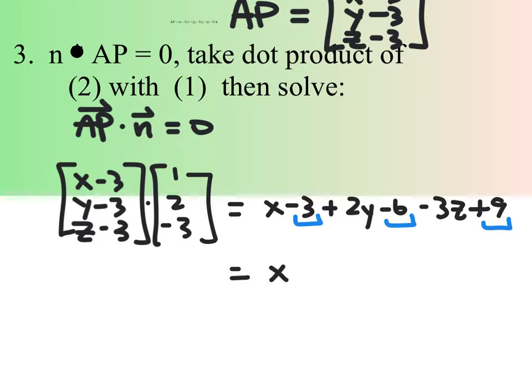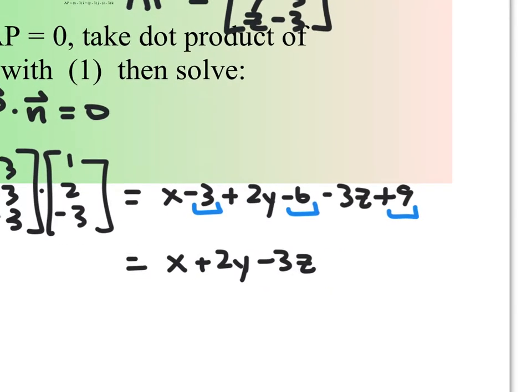So I get x plus 2y minus 3z. Again, that was supposed to equal 0. So that will equal 0. That's the equation of our plane.